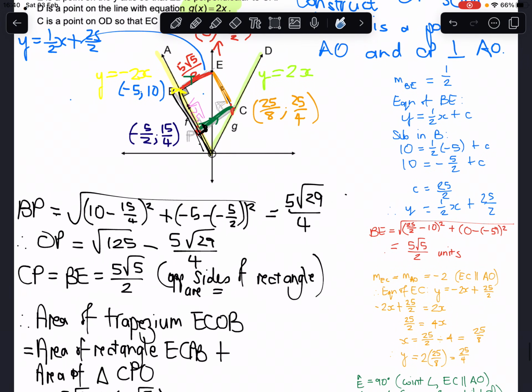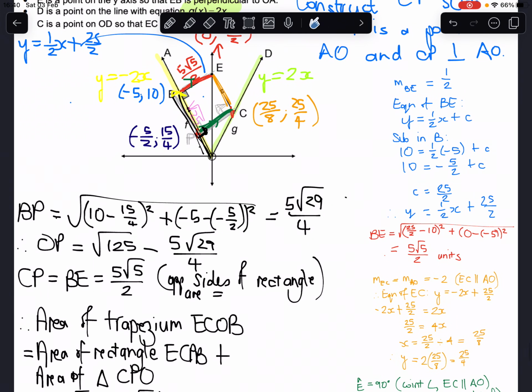Okay, then the next thing we decided to do was determine that the gradient of EC is equal to the gradient of AO, because we were told these lines are parallel. So that means the gradient of EC is the same as -2.